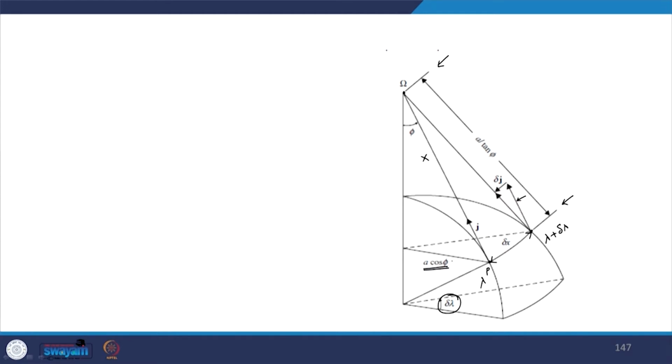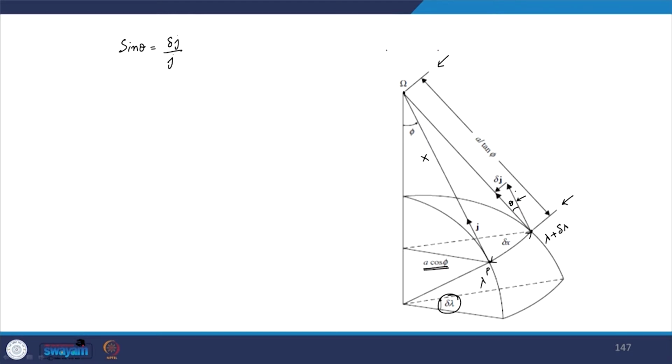These are things we have already used at some point of time. Using simple trigonometry we can write sin theta is equal to delta j by j. Where is theta identified? Let us say we call this angle theta.